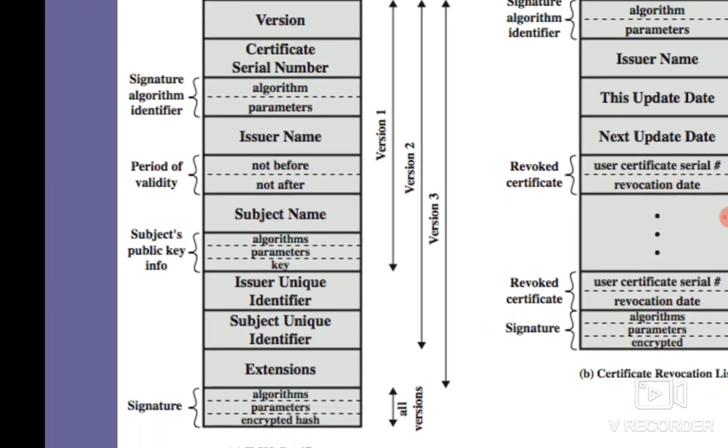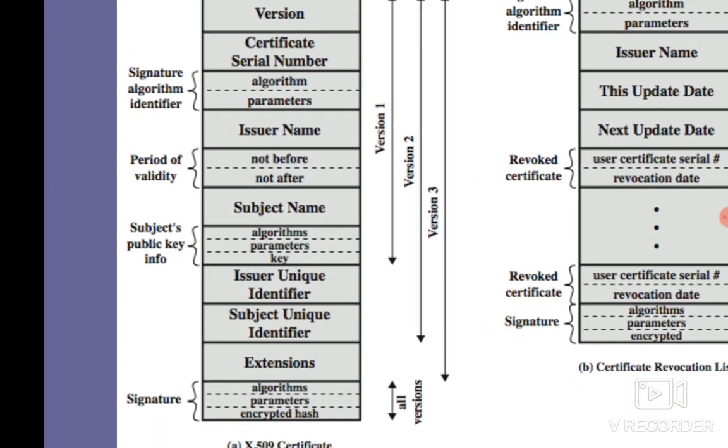The version indicates the version number, then it contains the serial number of the certificate, then the algorithm identifiers, that is, what algorithms are used and what common parameters there are. Then the issuer name is specified, then the period of validity, that is, from this time to that time we are eligible to use that certificate.